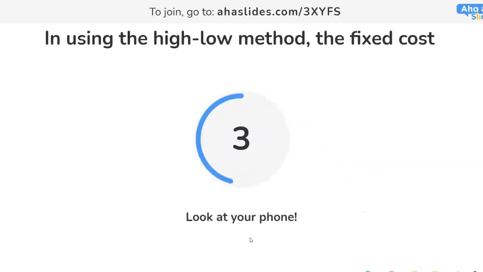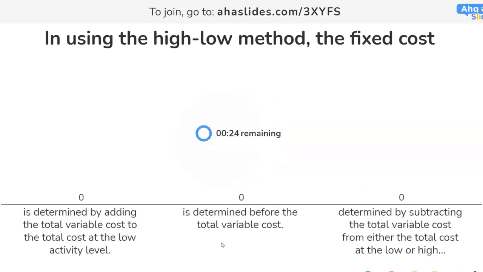Using the high-low costs method, the fixed cost is determined by adding the total variable cost to the total cost at the low level. Is determined before the total variable cost. Is determined by subtracting the total variable cost from either the total cost at either the high or the low.